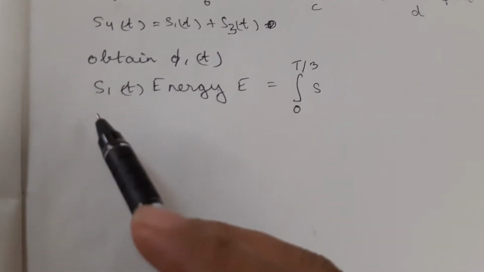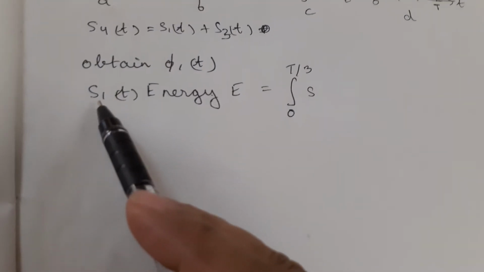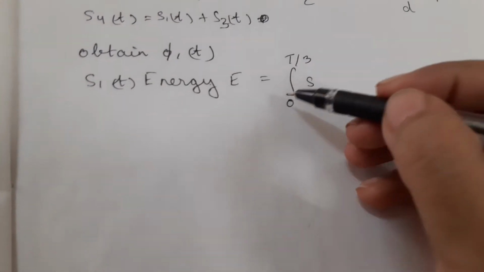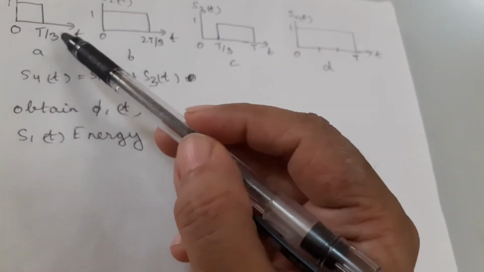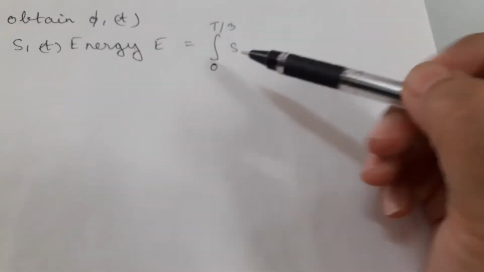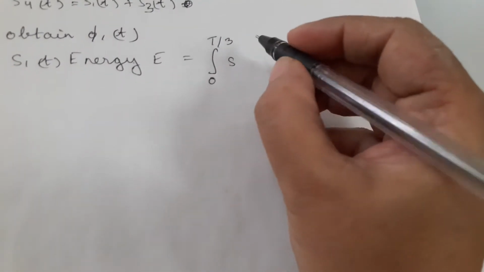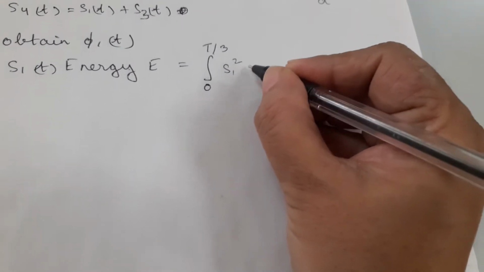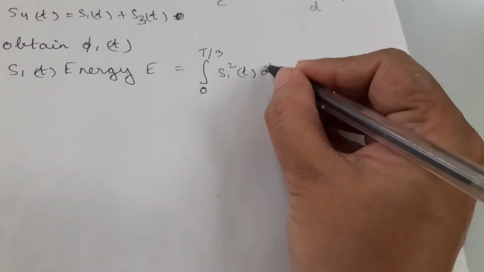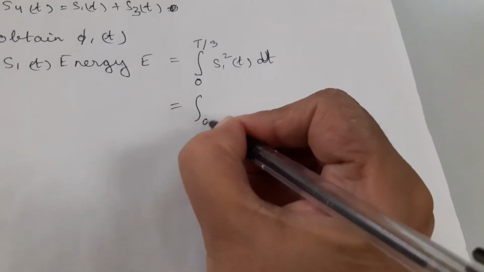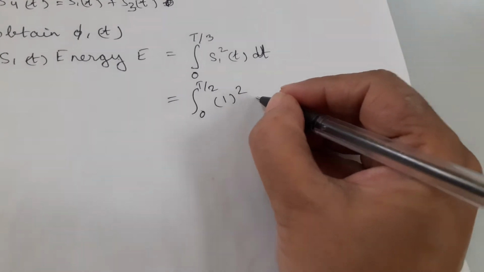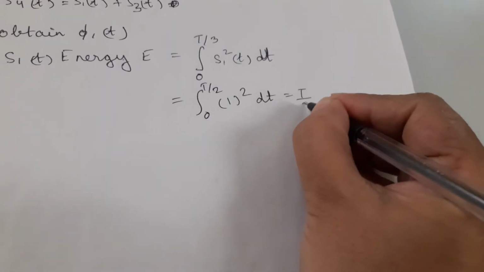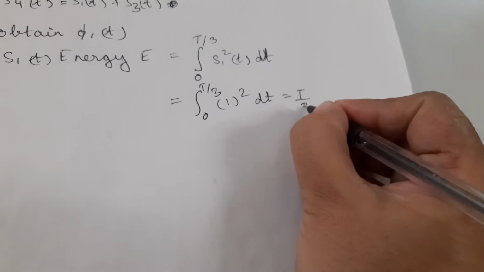So with the formula, as I told you in the previous video, the energy of S1 of t is the integration of the limit. So if you consider S1 of t, the value is from 0 to T by 3. So you can put the limits here and put the formula S1 square of t dt. Now the value, you can see S1 is 1, so the integral of 1 square dt is equal to T by 3.